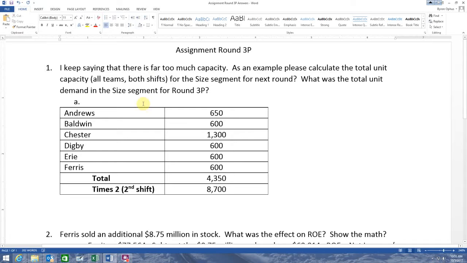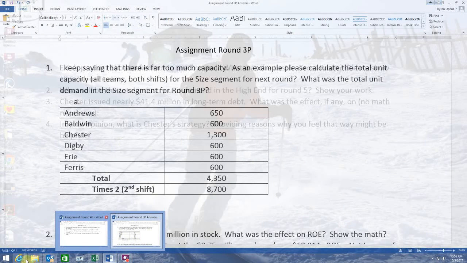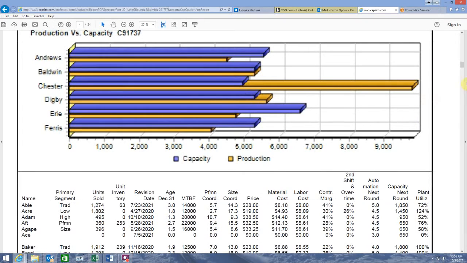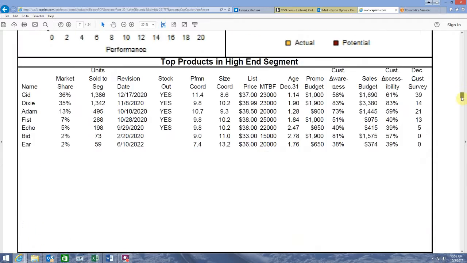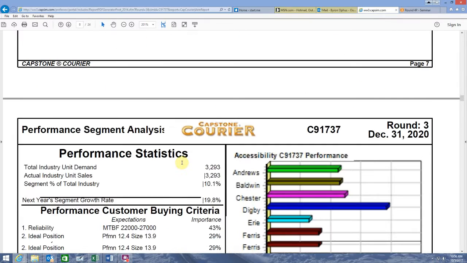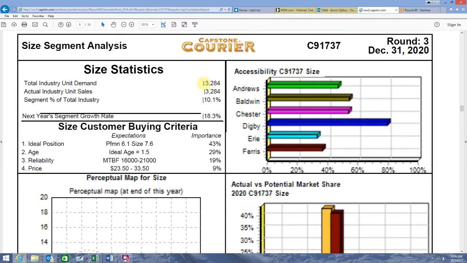What was the total unit demand in the size segment for round 3? Okay, we got to scroll down to the size segment. That one's down here. Oops, it's below the performance, sorry. 3,284. That's going to go up 10% next year, so we're going to add another 300,000 or so, 320,000. So we're going to be about 3.6 million next year.